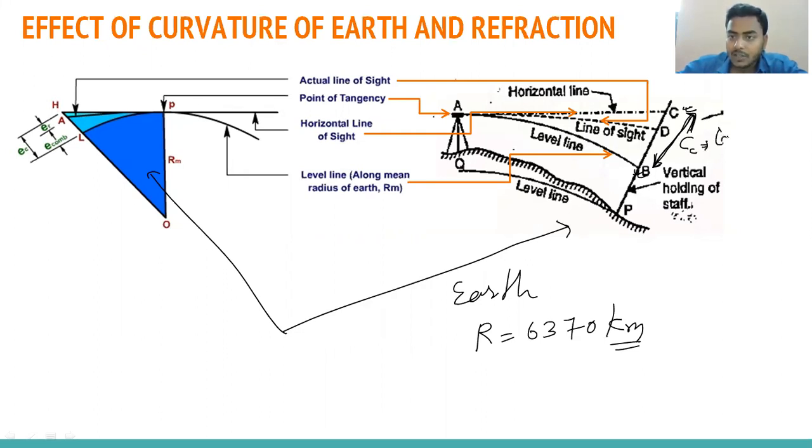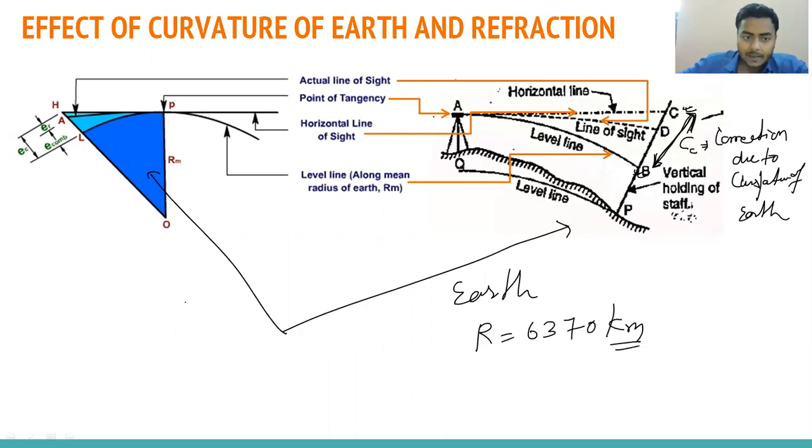This is called correction due to curvature of Earth, right? So this BC we are getting is the error. Okay, so we need to do the correction.